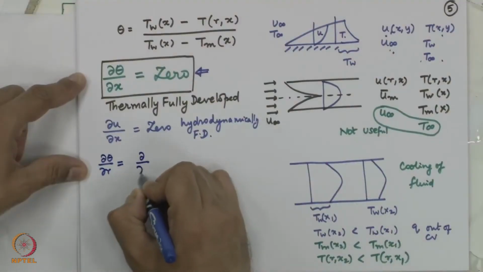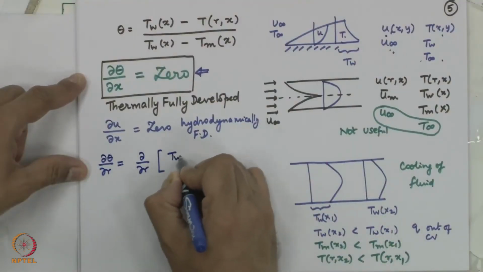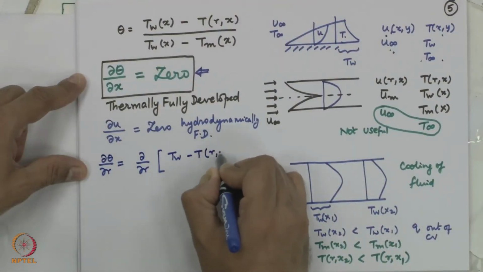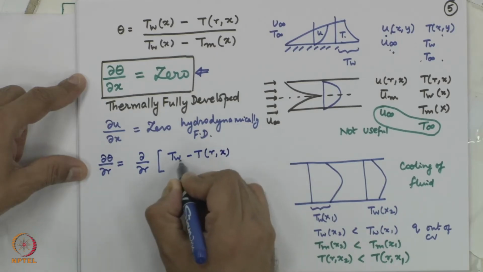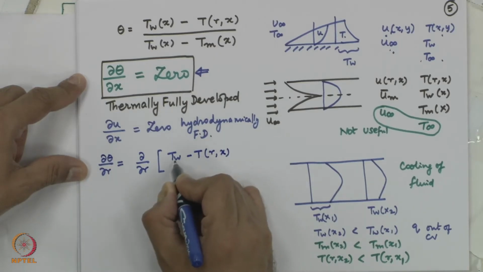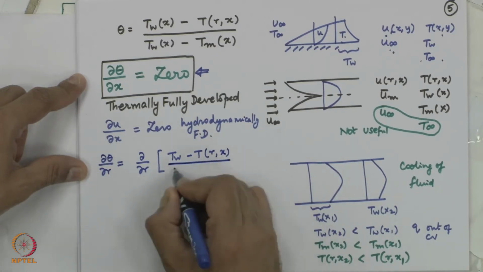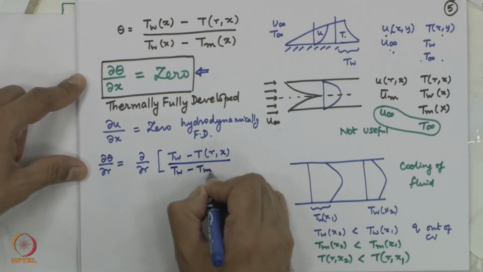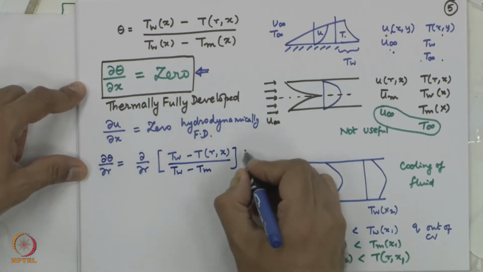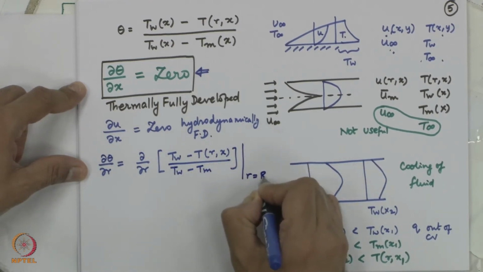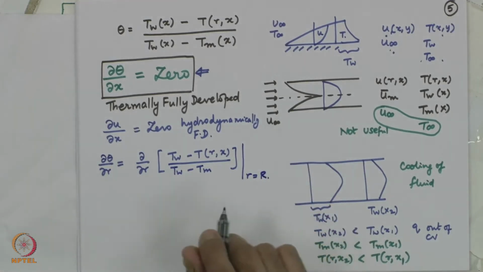So I can write d theta by dr, which is d by dr of T wall minus T local over T wall minus T bulk mean. I am dropping this subscript x everywhere, because that is understood. Let us evaluate this at r equal to capital R. Why do we want to do that?